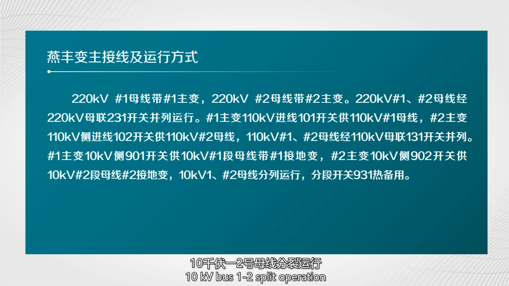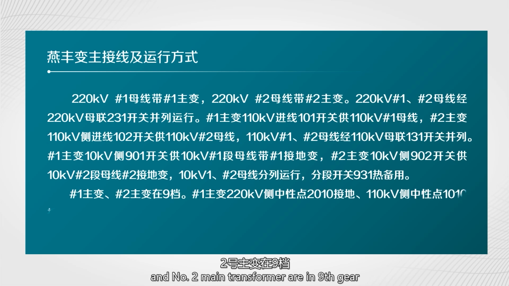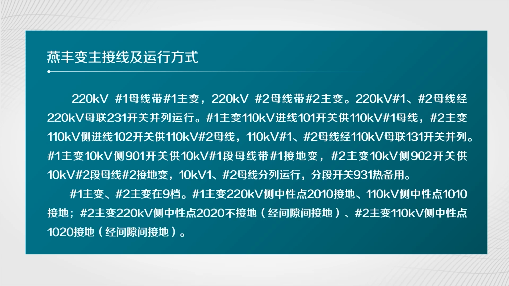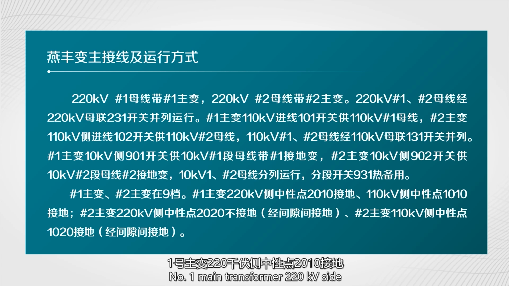The 10 kilovolts buses 1 and 2 are in split operation, with sectional switch 931 in hot standby. Number 1 main transformer and number 2 main transformer are in 9th gear. Number 1 main transformer 220 kilovolts side neutral point 2010 grounded.